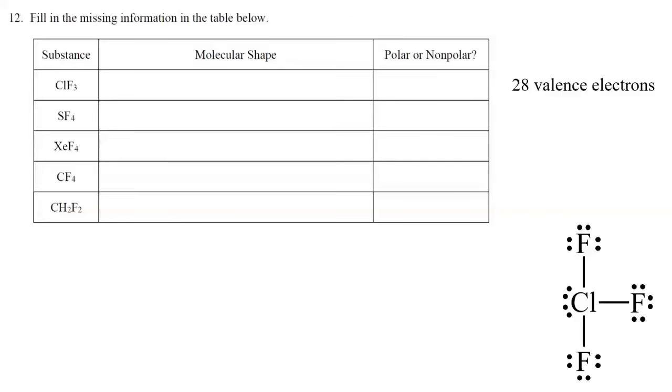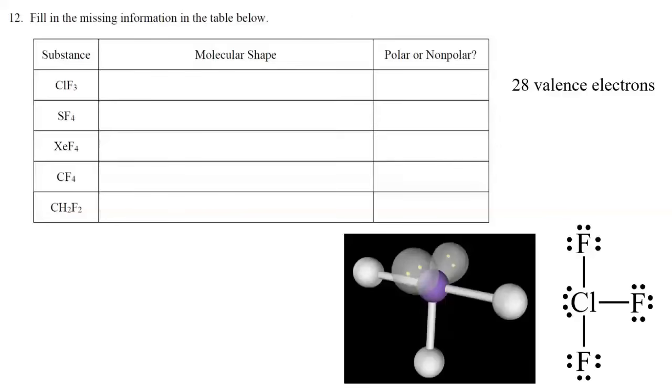And if you were to build this type of molecule in the PhET simulation on molecular shapes, you'd realize that we have 3 bonding domains, 2 non-bonding domains or lone pairs, and that's going to correspond to a molecular shape that we call T-shaped. Now let's draw the dipoles between the chlorine and the fluorine and see if they are symmetrically arranged and if they cancel each other out or not.